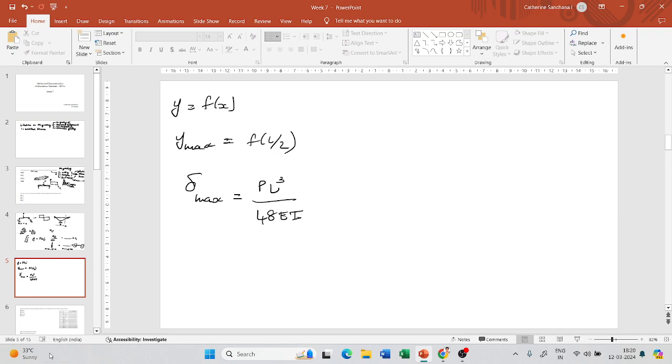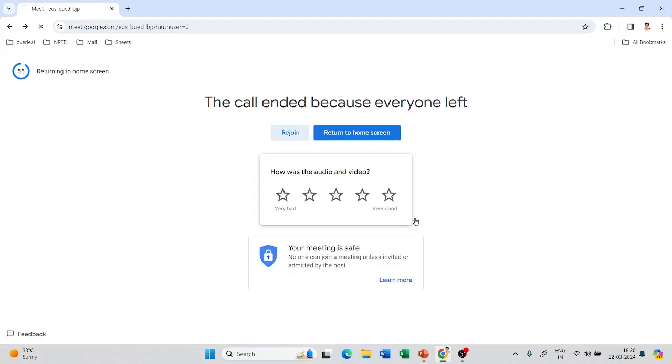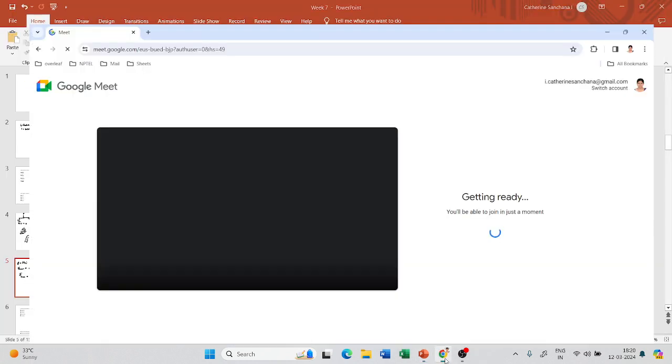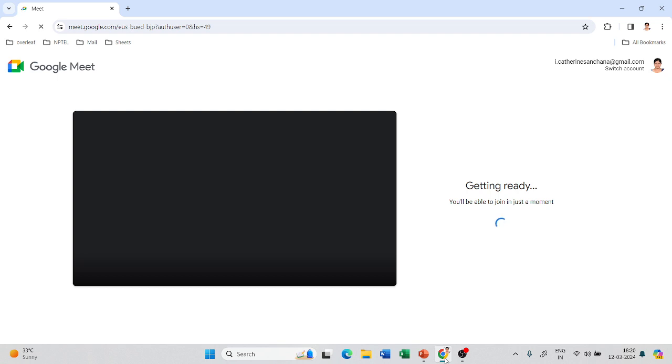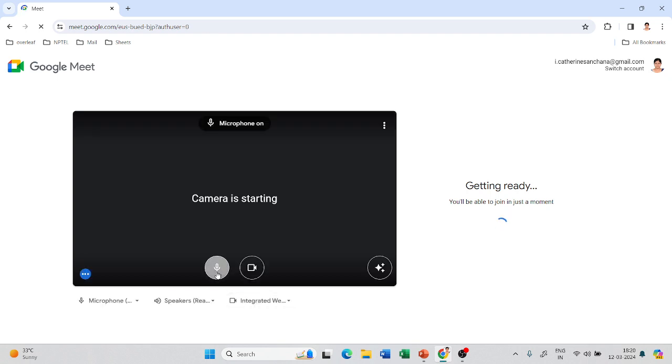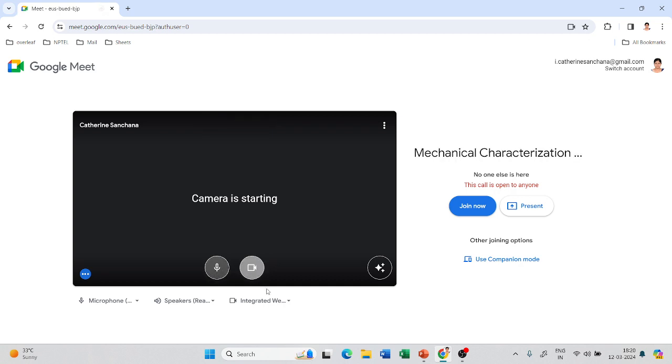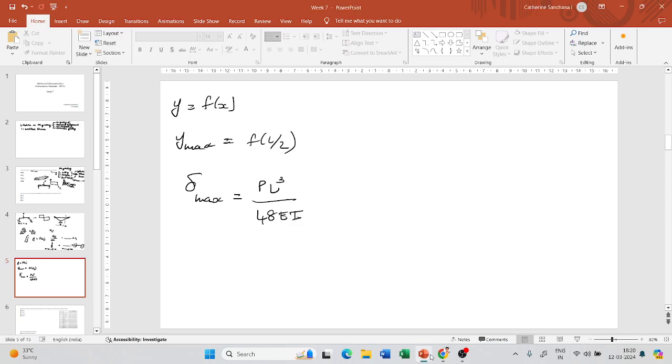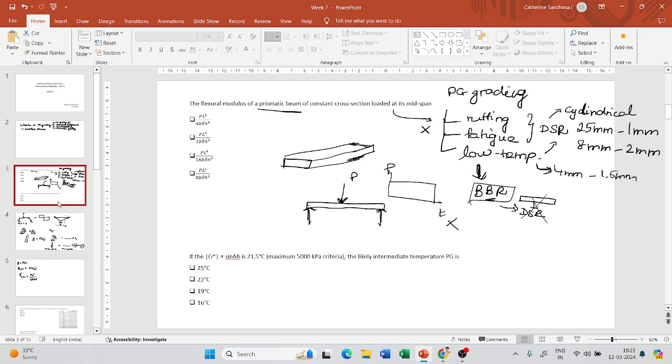Now they are asking you to find out the flexural modulus of the beam, okay.